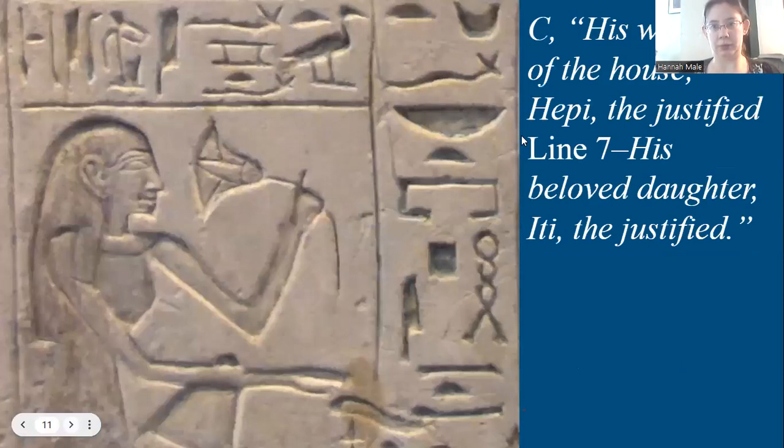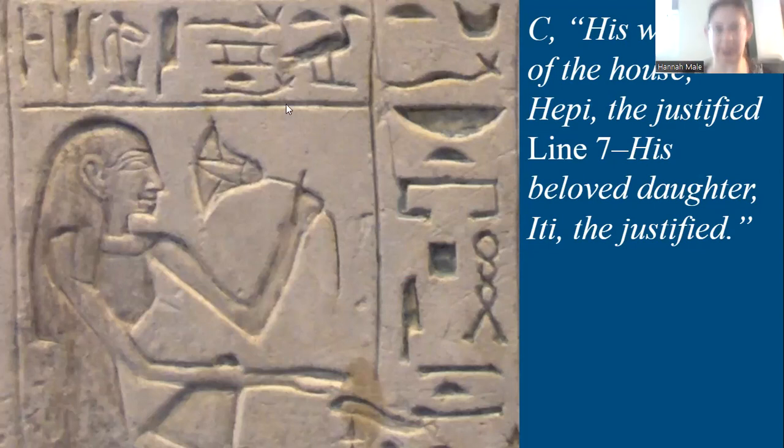Because this chunk is talking about the wife part. So his wife, lady or mistress of the house, Happy, and then his daughter or his. So from here to here is his beloved daughter part.